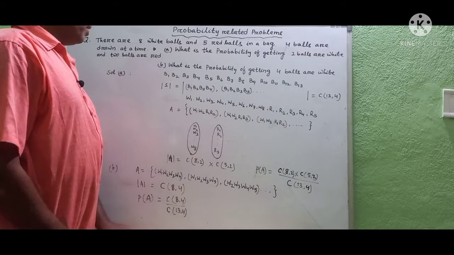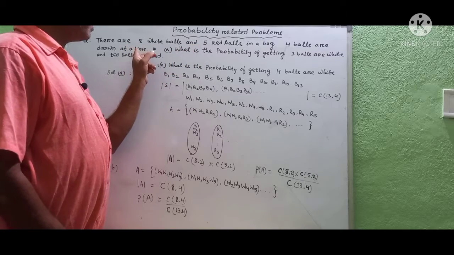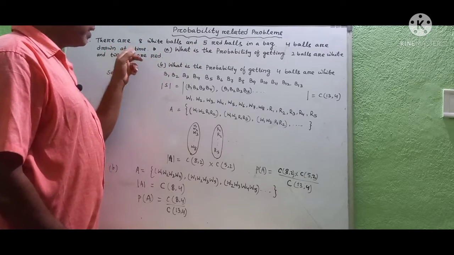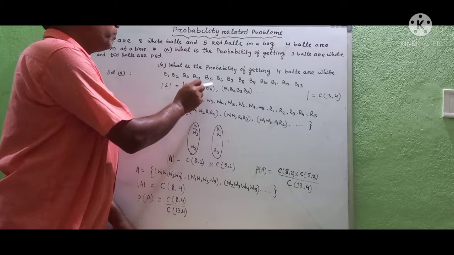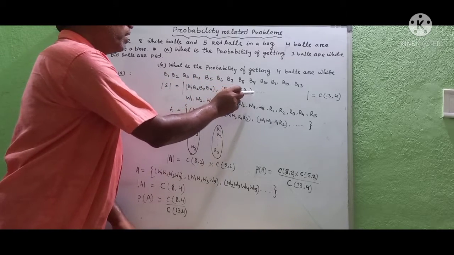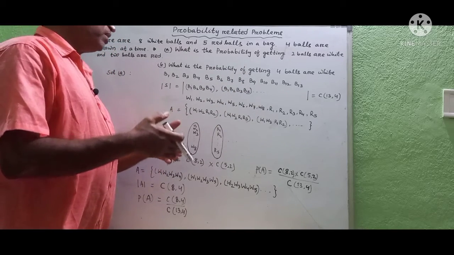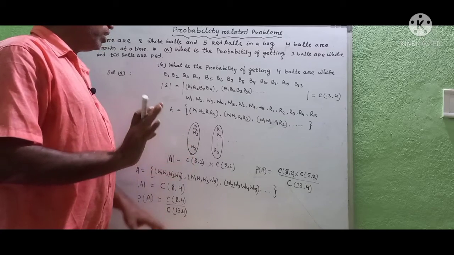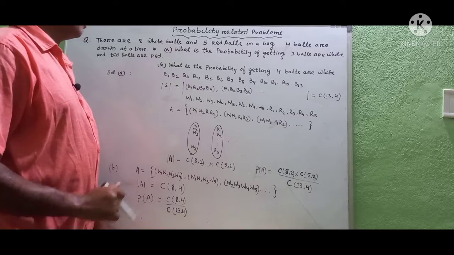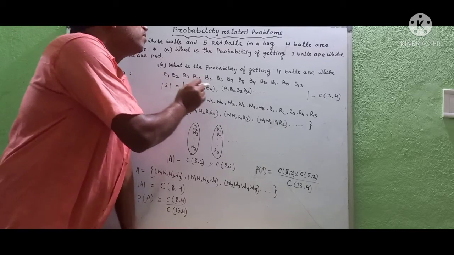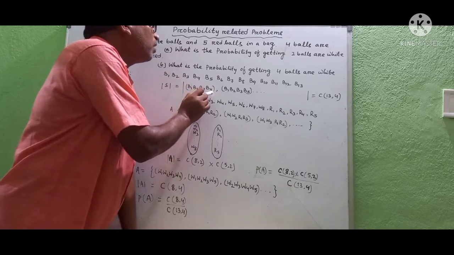So what will the sample space be? 4 balls are drawn at a time. So the sample space will be like this: B1, B2, B3, B4, B1, B2, B3, B5, like this. That means you have to take only 4 balls randomly.